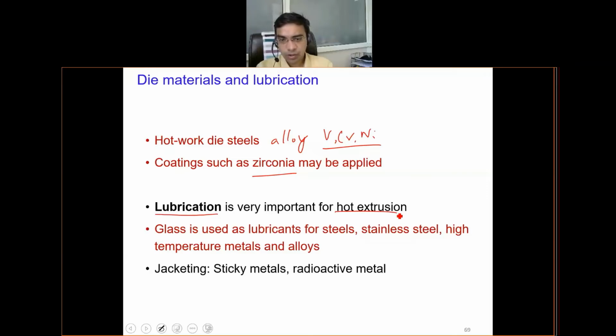In general, for hot extrusion, glass, specifically molten glass, is used as the lubricant for stainless steel or high temperature alloys. And sometimes a jacketing may also be provided additionally to minimize the friction.